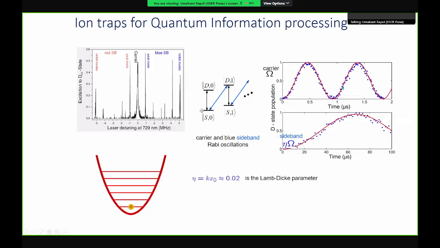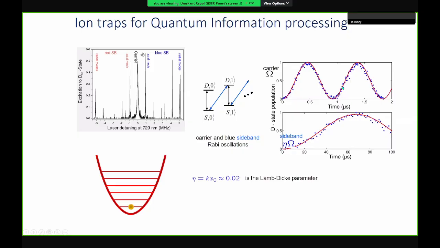But then if your laser frequency is slightly higher, such that the energy is exactly equal to the internal energy of the atom plus the energy difference between these harmonic oscillator levels, then you not only change the internal state from S to D, but also excite the motional mode of the ion.